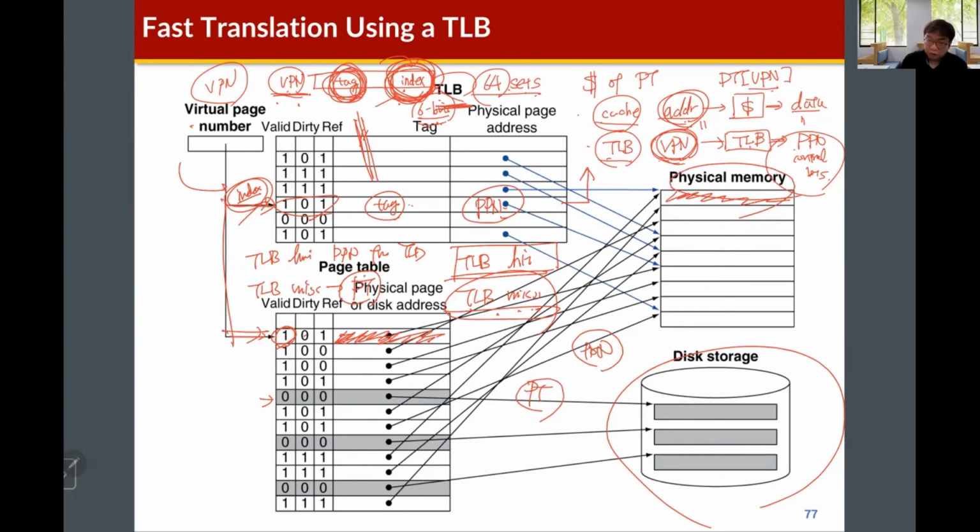And if this PPN is not found, like this is invalid, so we can access some page table entry, but it's invalid, which means that this page table entry does not have any valid physical address. Okay, so in this case, we need to access the disk storage, like the hard disk drive or SSD, solid state drive. And this event is called the page fault.